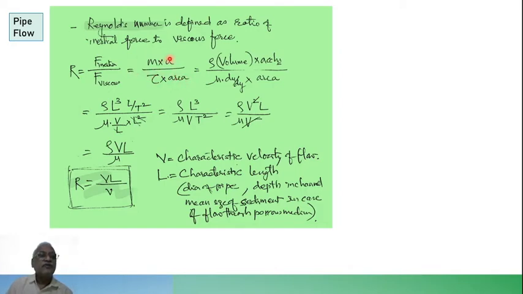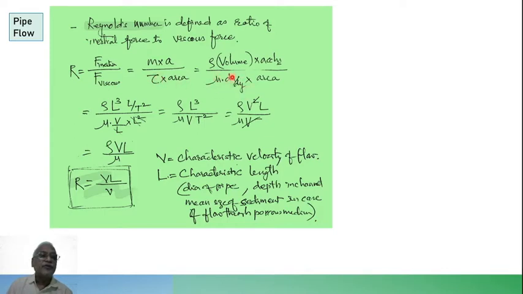Now how to calculate mass into acceleration? Mass is calculated as density of the fluid into volume. You know this. Density of the fluid into volume gives you mass into acceleration, divided by tau, by Newton's viscosity law, mu into du by dy.